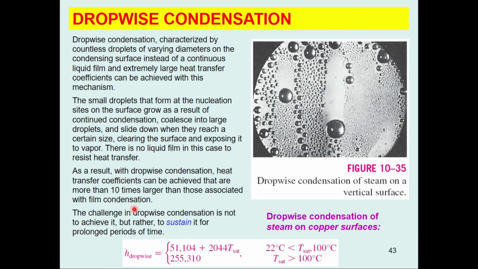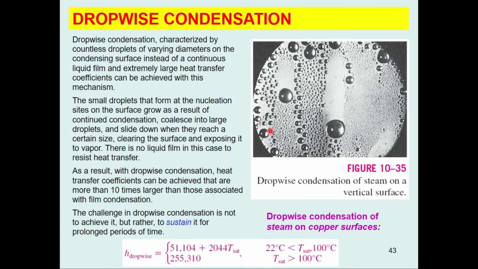So the last topic of this lecture is the dropwise condensation, and it is very interesting that the dropwise condensation is actually characterized by the numerous droplets of varying diameters on the condensing surface instead of making a continuous liquid film, and extremely large heat transfer coefficients can be achieved with this mechanism.